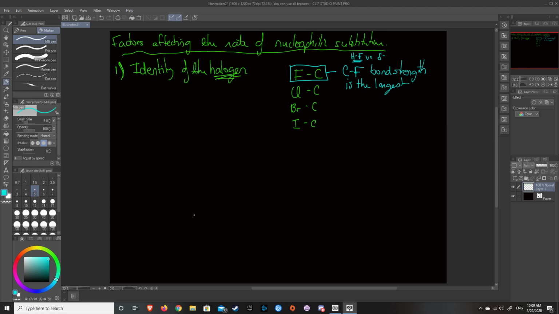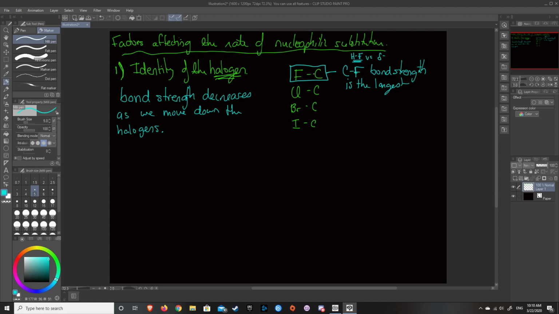So basically what we're going to be talking about today is how the identity of the halogen affects it. The bond strength decreases as we move down the halogens. This is a more simplistic way of looking at it.